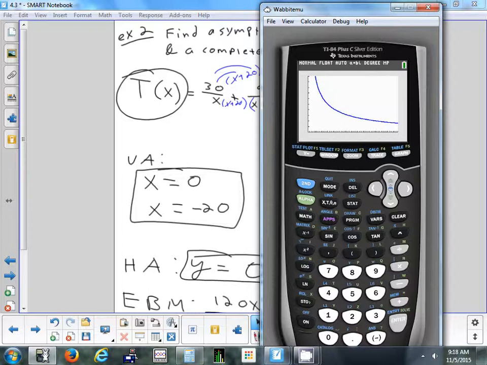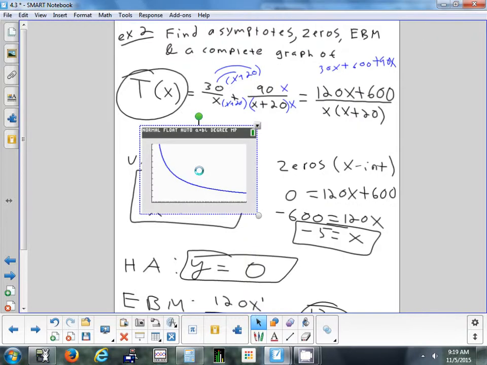Notice, though, at first, if she picks up the speed a little bit, her time goes way down. But then if she picks up the speed a little bit more, it doesn't go down as much. Eventually, once she reaches a certain speed, it doesn't really make a difference if she goes 10 miles an hour faster. It's going to make a very, very small difference. But for slower speeds, it makes a big difference. So there's a complete graph.